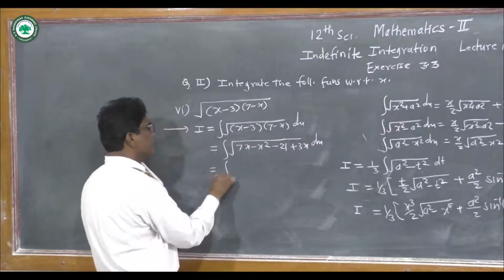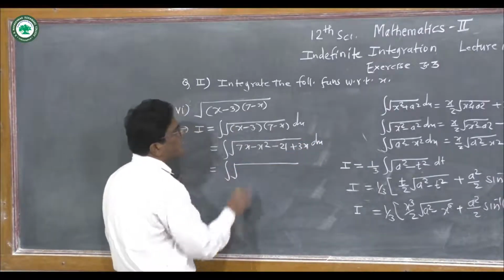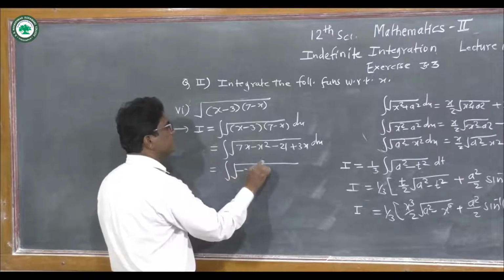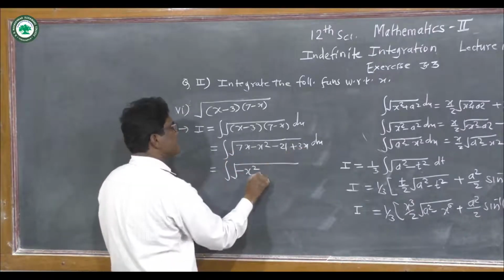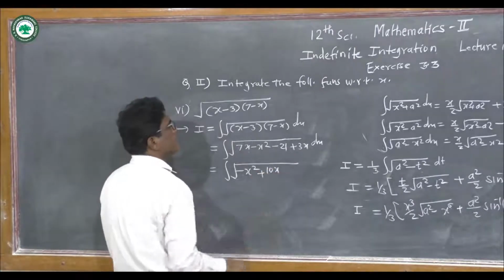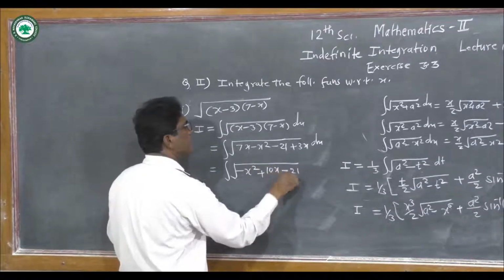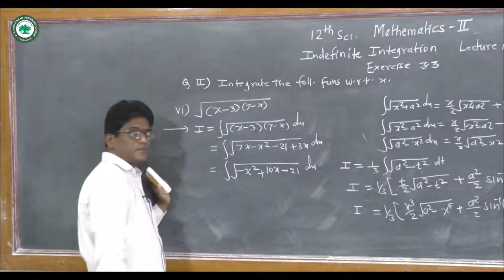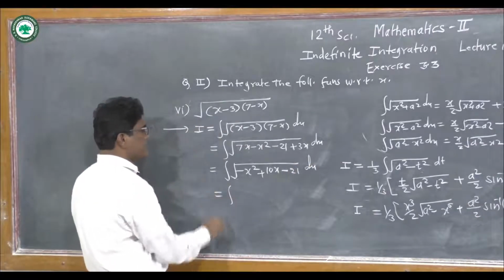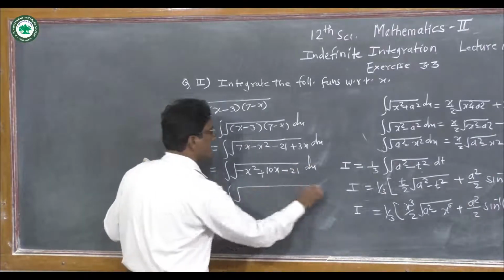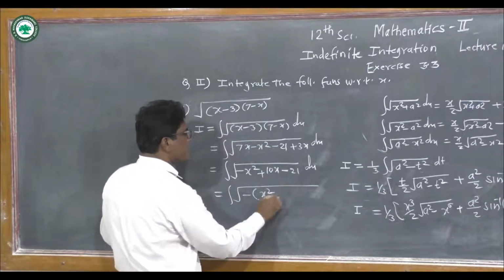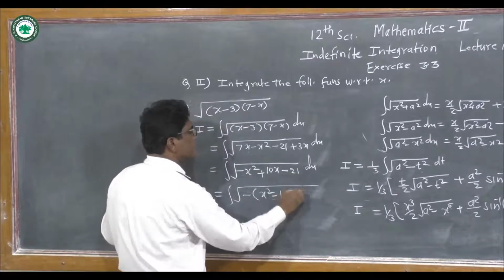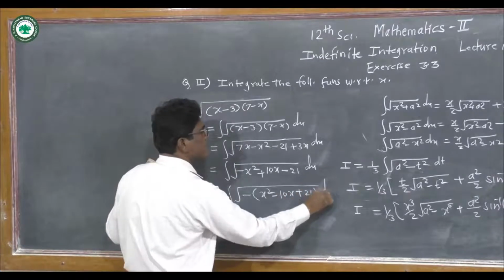So this is equal to integration of under root of minus x square, plus 7x plus 3x, that is plus 10x, and minus 21 dx. And so we write this as integration of under root of, we take the minus sign common in the bracket, x square minus 10x plus 21 dx.